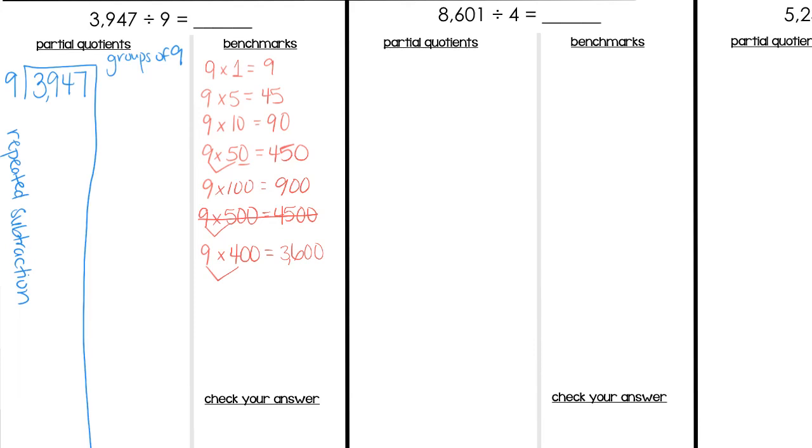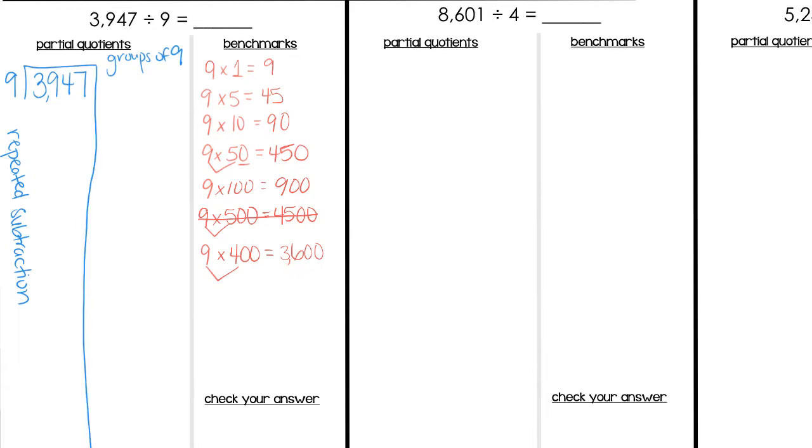Alrighty. What multiple of 9 is the largest number that I can take away? Well, I see 3,600.